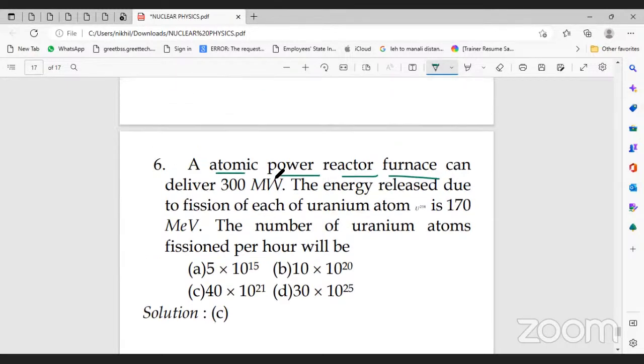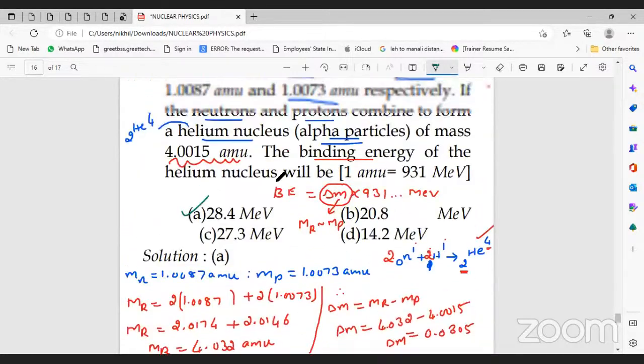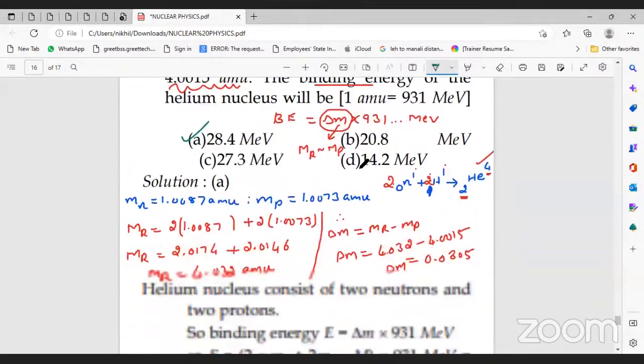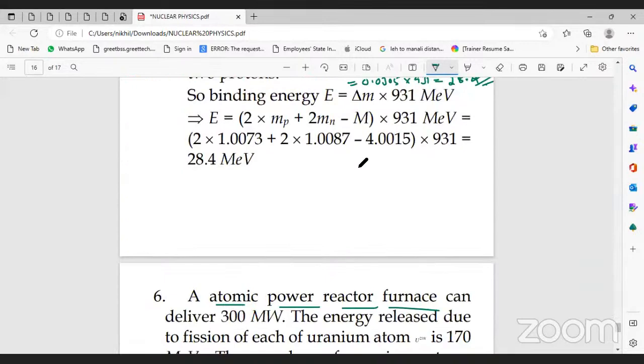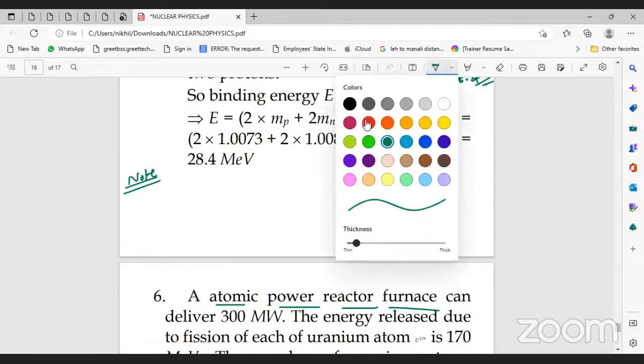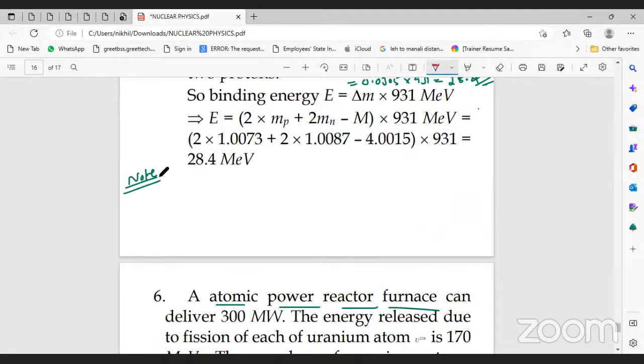Students, once again, before going to this, for the same problem, they may ask you to find the binding energy and specific binding energy of the alpha particle.